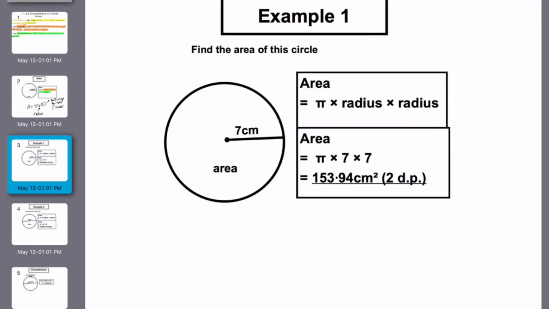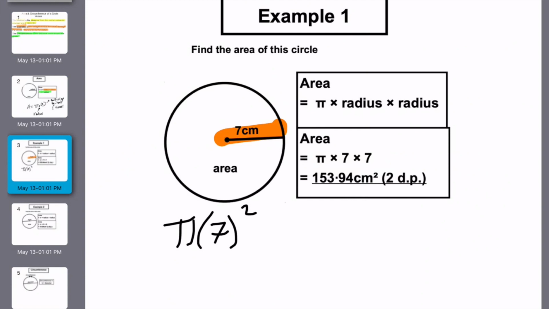In this example, they show us a circle and they show us that we have a radius because it's from the center to the outside, and our radius is 7 centimeters. So in this case, pi r squared, I have pi times my radius squared.